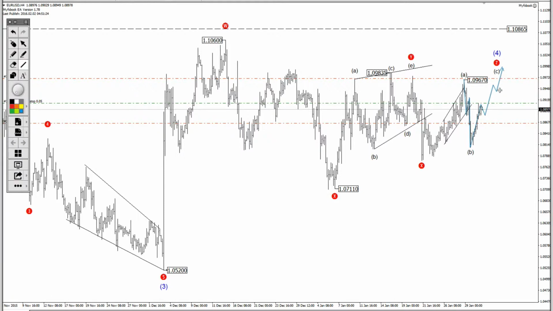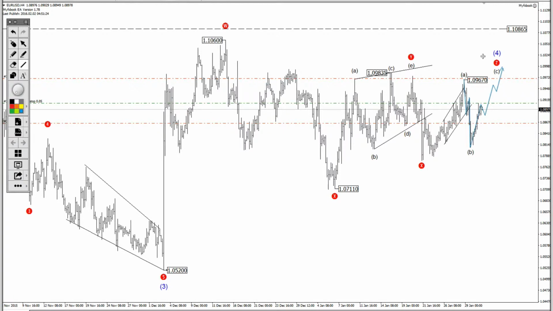So as this is a C wave, it should be a five-wave structure which should conclude the Z wave, the last part of this very complex minor wave 4 correction, which has been going on for a couple of months now.